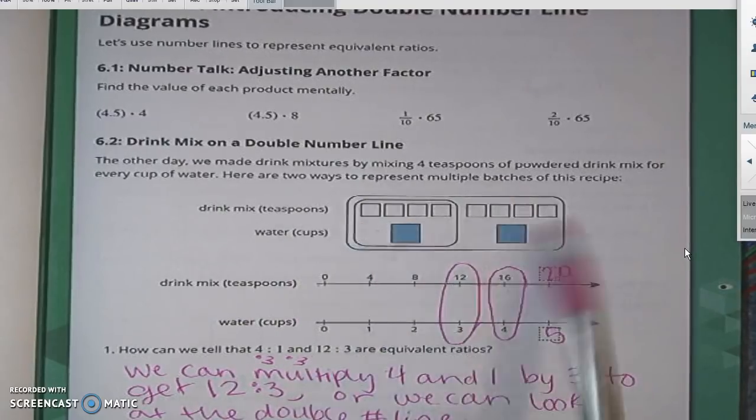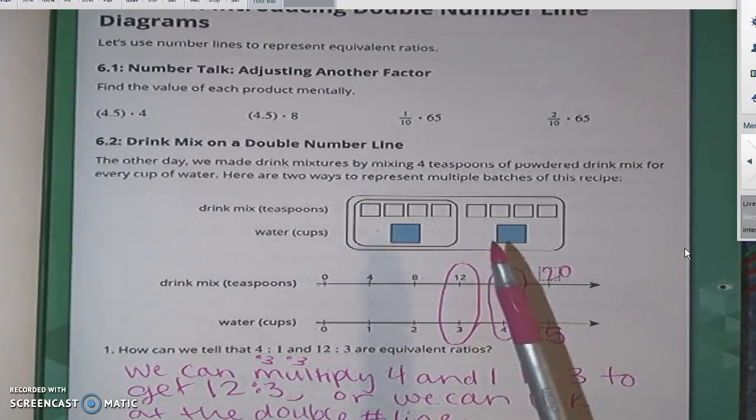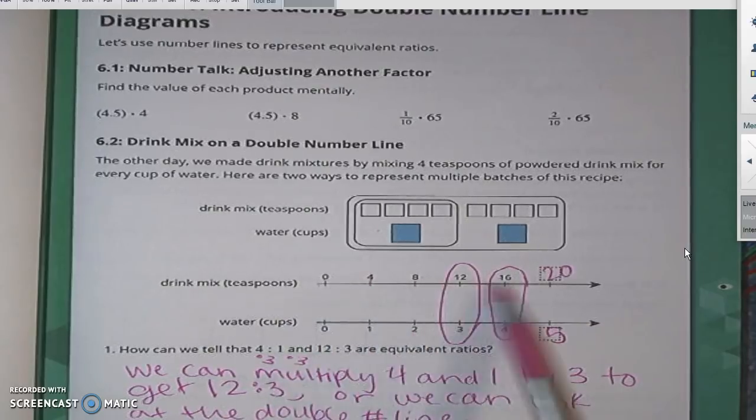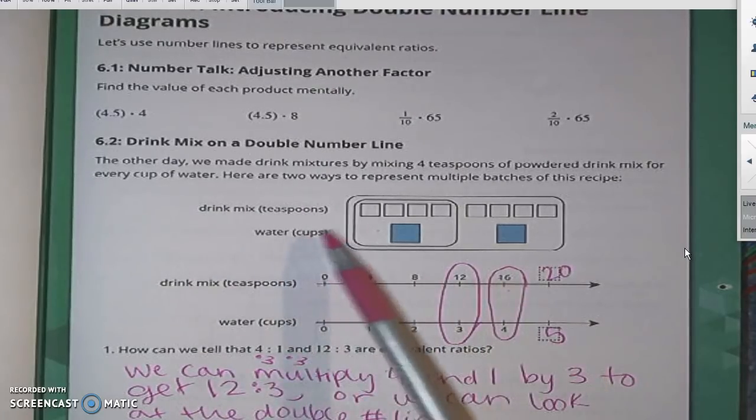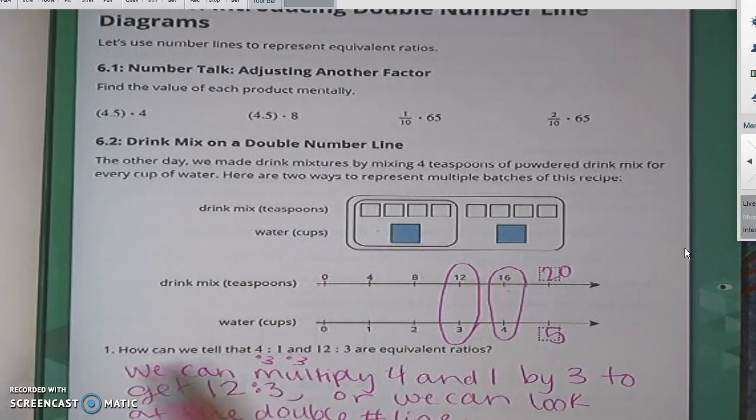They show us the same as this, but it's actually easier to draw this because I don't have to draw all those little boxes, and I can show a lot more batches of the drink mix a lot quicker and a lot easier using the double number line diagram. So that would be a benefit of using this.